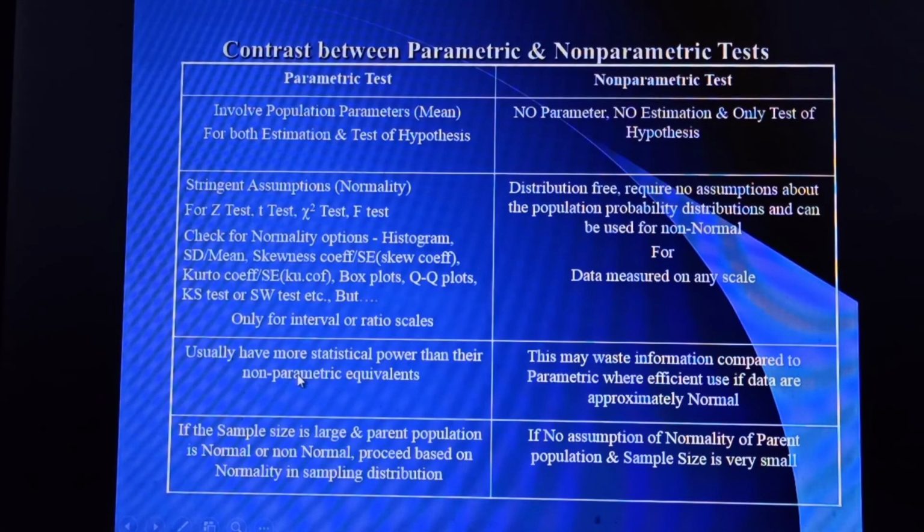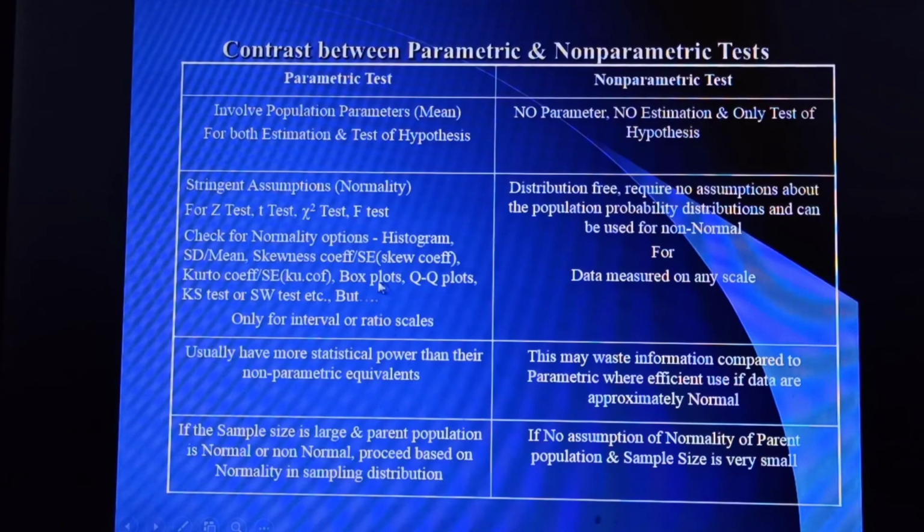One important aspect is that parametric tests usually have more statistical power than the non-parametric equivalents. That is the reason we tend to go for them, except in very rare cases where the data is very much skewed and normality cannot be assumed.